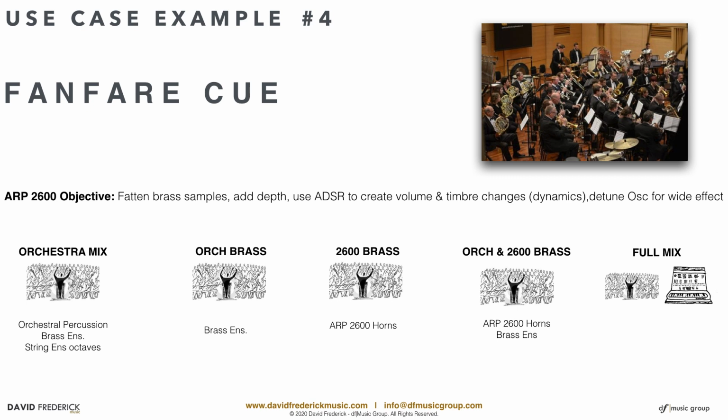Again, I've used the ADSR to create some volume and some timbre changes in the dynamics. I've detuned the hell out of the oscillators to, again, give it a wider effect. And just really try to make those brass samples sound just a little more natural. They don't sound bad as they are, but in this use case, this is the objective that we're trying to go after.